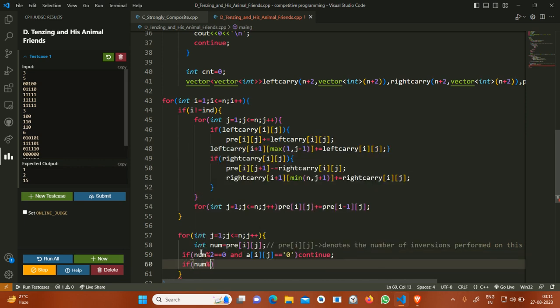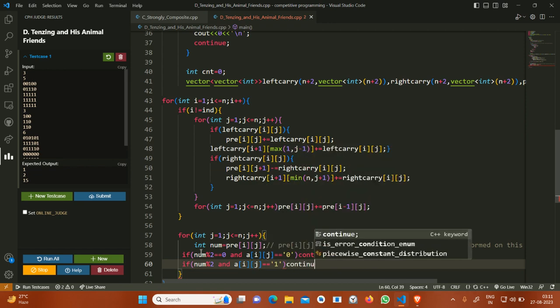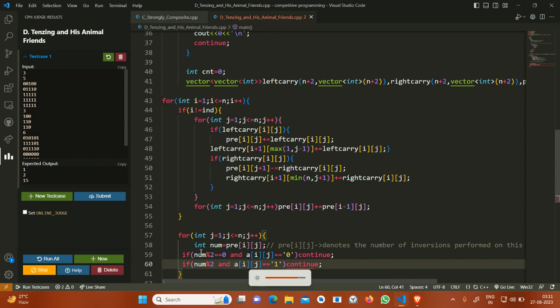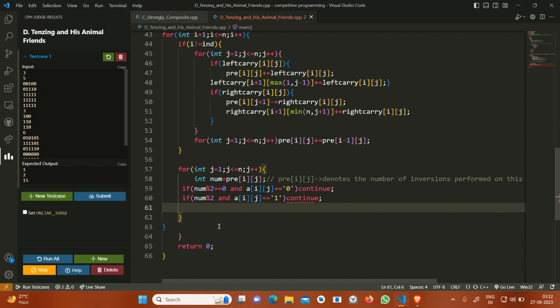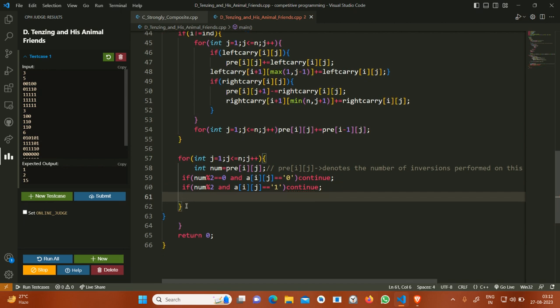If I have performed an odd number of operations and a i j equals 1, then in that case also I would not be required to perform the operation. Why? Because it was already 1 and I am performing an odd number of operations, so it would become 0, so there is no need to perform the operation. So if these two are not the cases, obviously I would have to perform the operation.